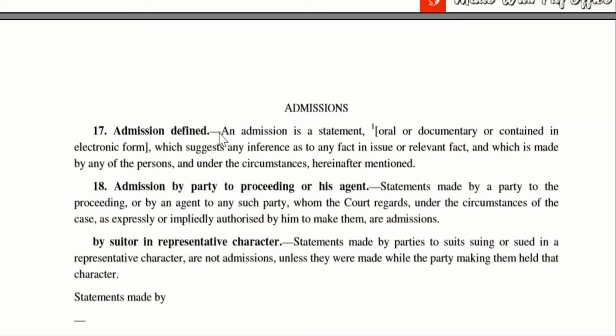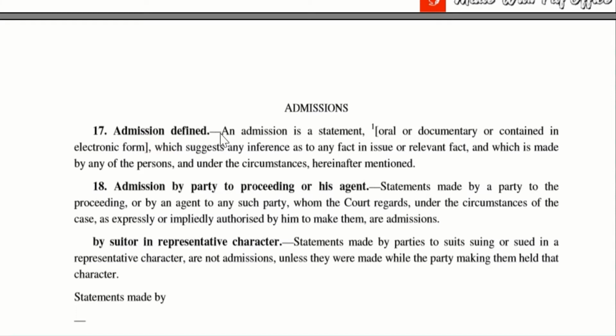Admission is defined under section 17 of the Indian Evidence Act. Simply, admission is nothing but a statement. We need to remember this. Admission is a statement. In which form can it be given? It can be oral, it can be documentary, or it can be contained in an electronic form. And what should this admission or statement give?